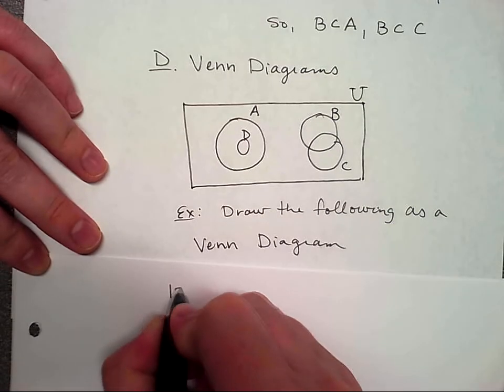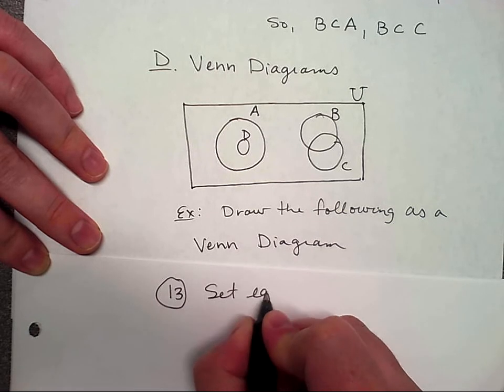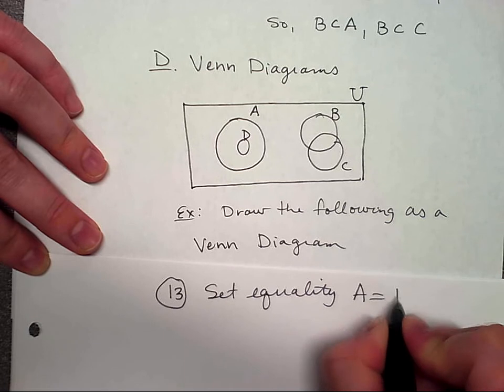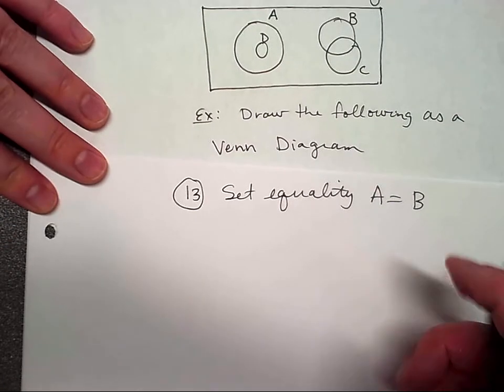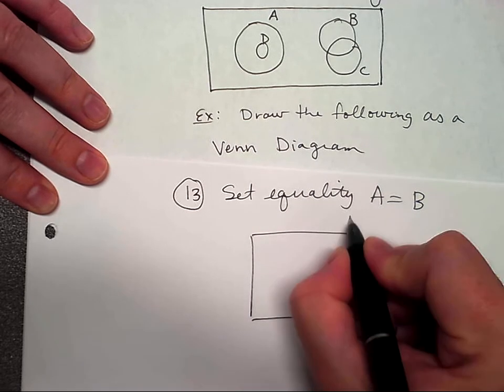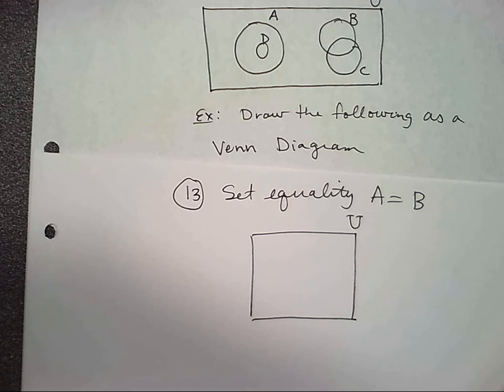Okay, this is number 13. Set equality. A equals B. So tell me the definition for set equality again. That's equivalent.